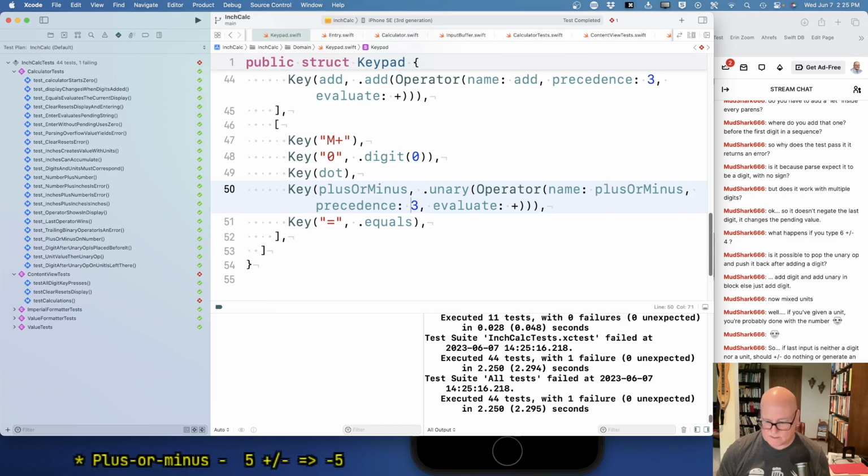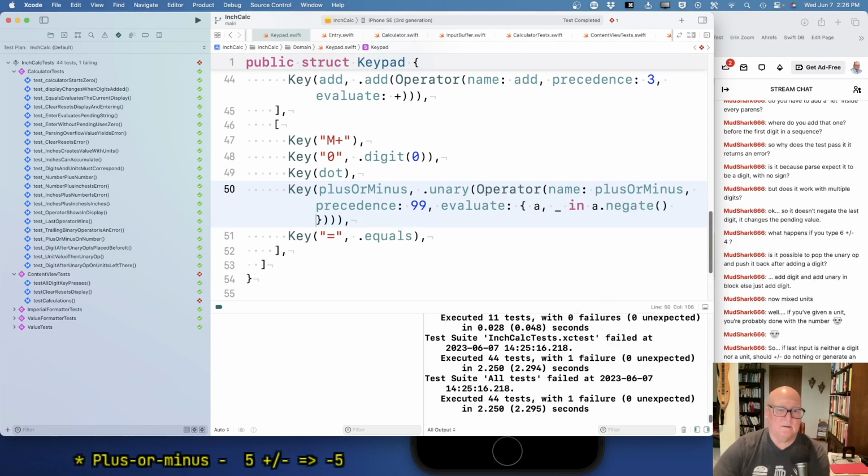Precedence is kind of arbitrary. And this is A, B, A ignore in A dot negate. Okay, it's the same function we used in our test. All right. And that should do it.